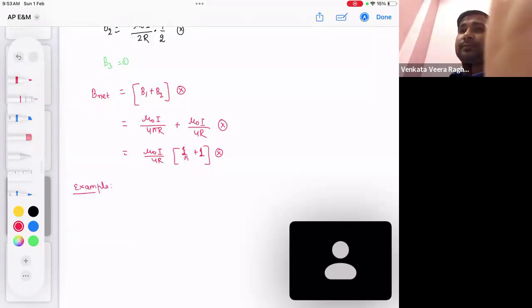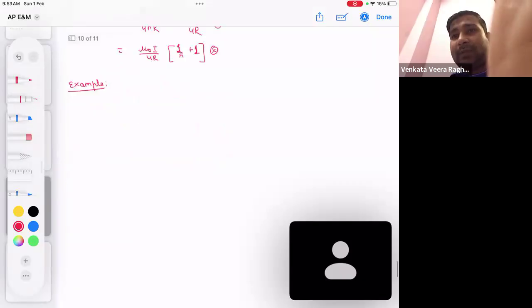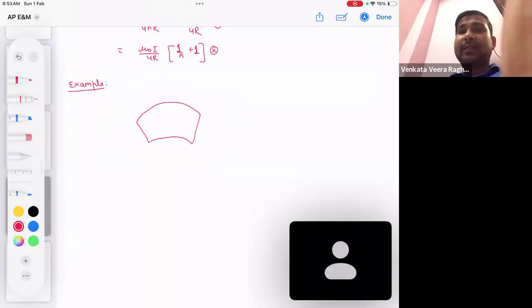Now, in this example, what is given is something like this. This is the direction of current given to us in the problem, and these two are the circular arc parts.